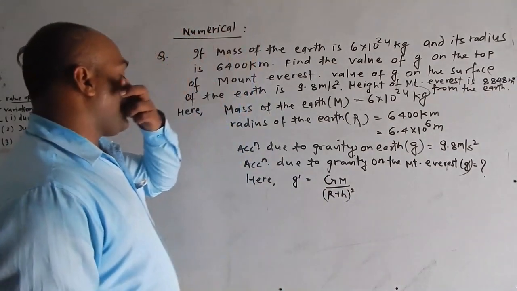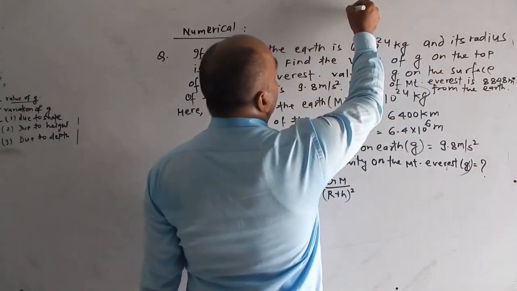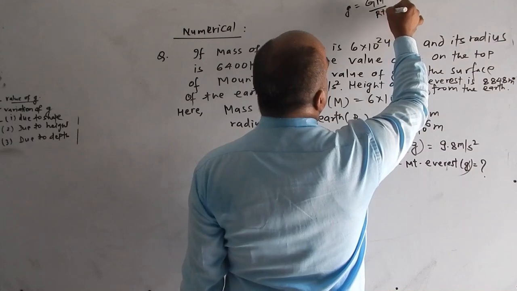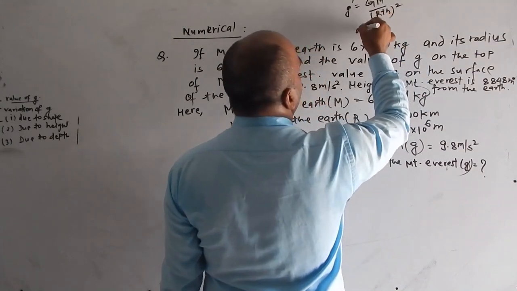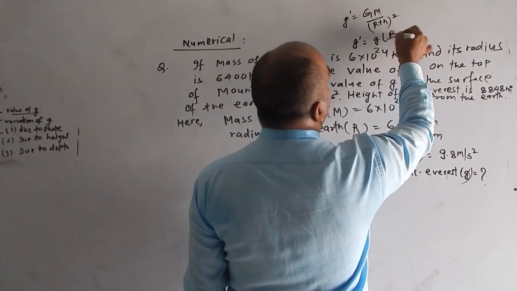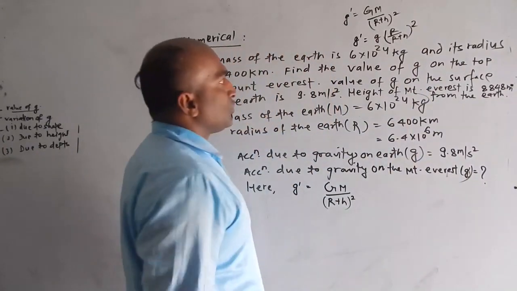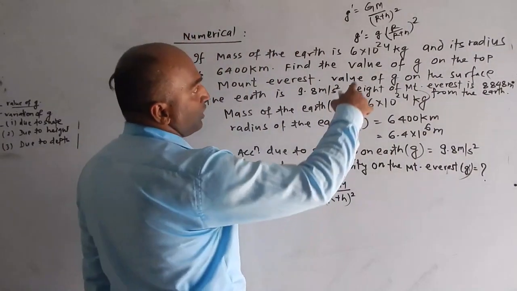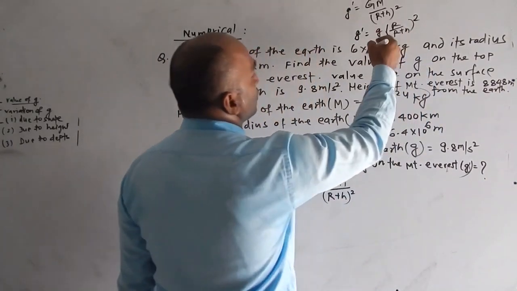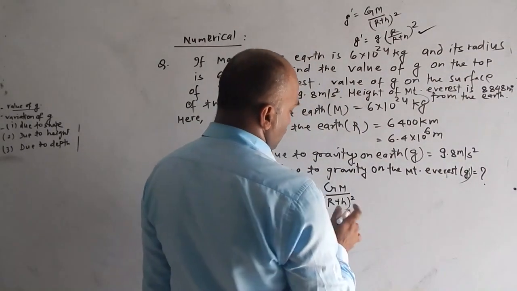Here you can use two formulas. Small g equal to GM by R plus h, the whole square, and g prime equal to g into R by R plus h, whole square. Both formulas can be used, but according to the given data, here acceleration due to gravity is given. Therefore, you can use this formula or this also.